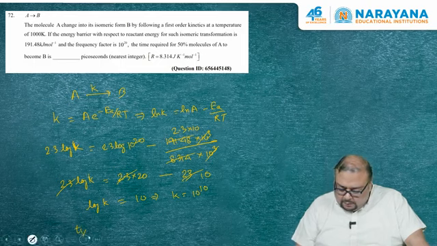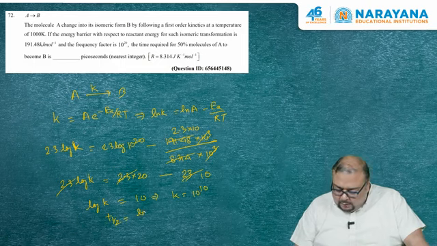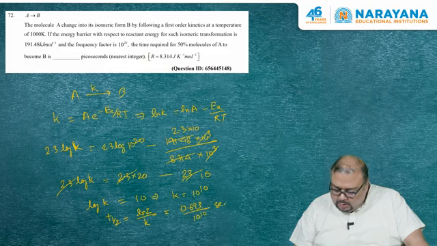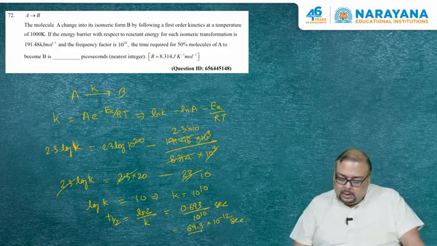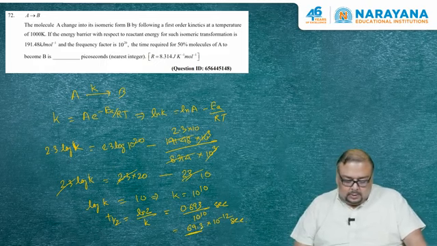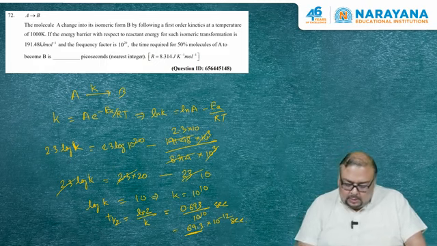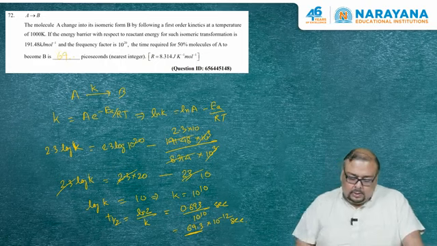So T half will be ln of 2 by k, that will be equal to 0.693 by 10 to the power 10 seconds, that will be equal to 69.3 into 10 to the power minus 12 seconds. So it should be 69.3 picoseconds. Okay, so the answer should be 69 in this case.